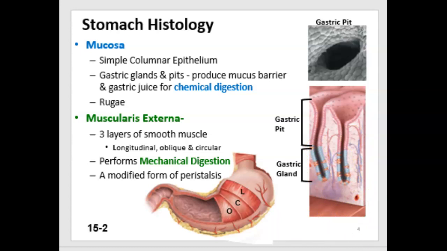And at the very base of the pit are glands that produce mucus and gastric juice. So gastric glands at the base of a gastric pit make gastric juice. And gastric juice contains enzymes, and it also has a very low pH. The mucus that's produced by the gastric glands protects the simple columnar epithelium from that acidity, that very low pH.